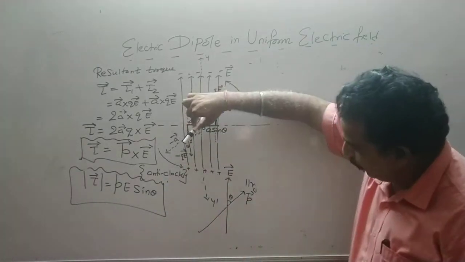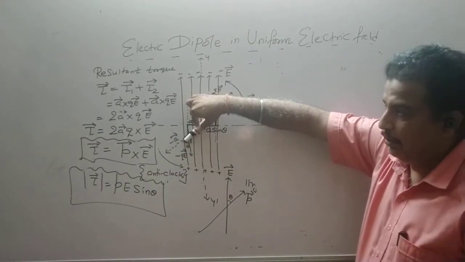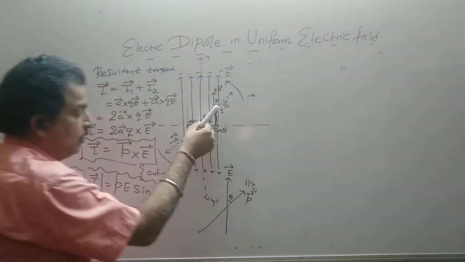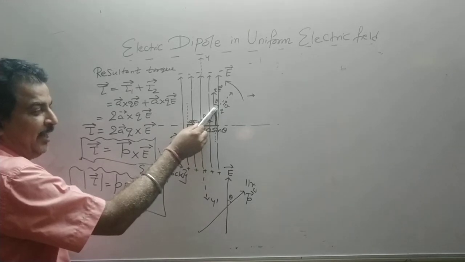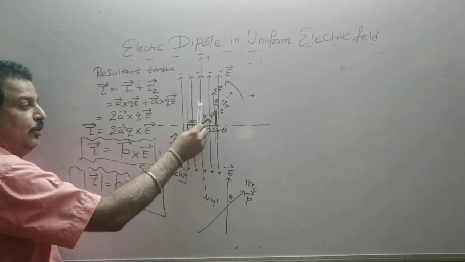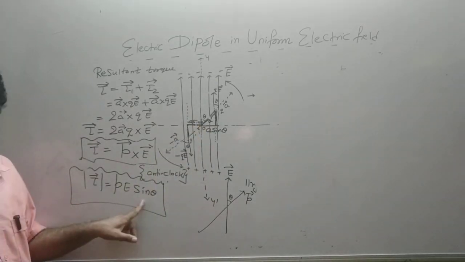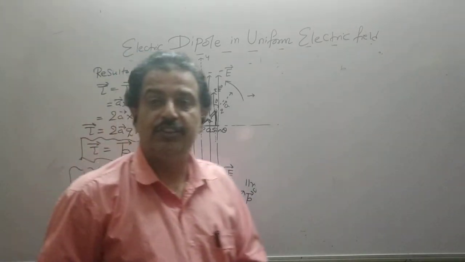See, this dipole is placed at an angle of 30 degrees. The torque was in the anti-clockwise direction, so it will start rotating. The angle will decrease from 30 to 15, 15 to 10, 10 to 5 and then 0. When it becomes 0, sin 0 is 0, so the torque acting on it is 0.